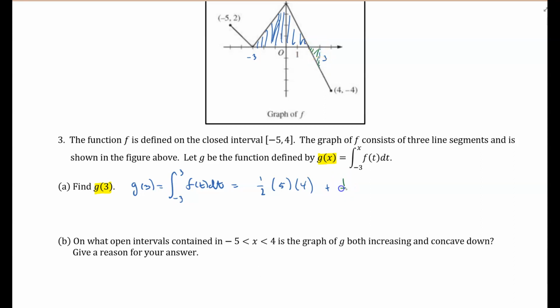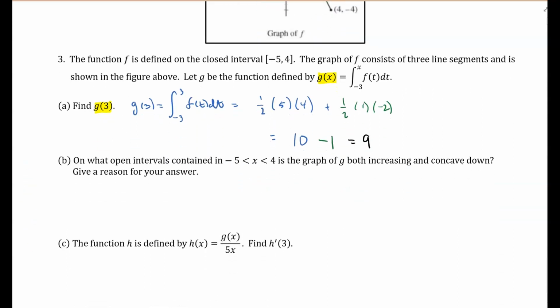Well, I'll let the height take care of it. 1/2 times the base, which is 1, times the height, which is -2. Okay, you can eyeball it. You can see that. Also, analysis of the slope will tell you that that is -2. So, looking at these values, we get 10 minus 1. Remember, that area should be negative because it's below. We get 9.